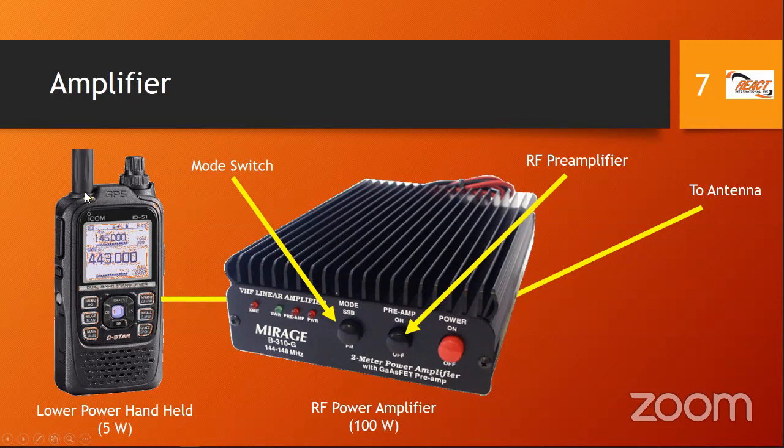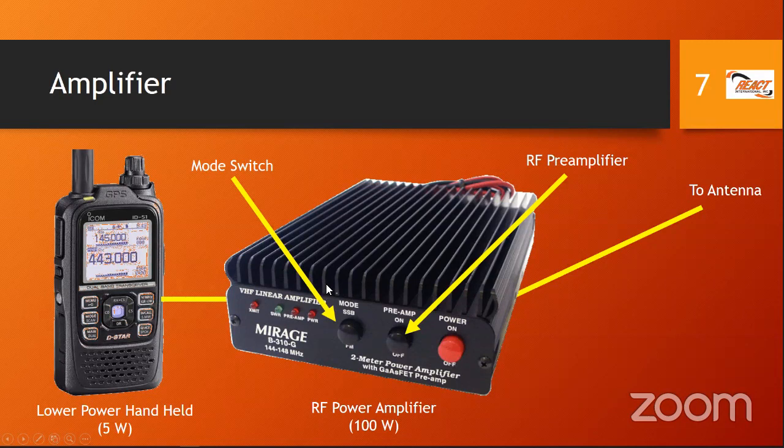But what if I wanted to do transmission at a further distance and I needed more power to get my signal even further? Do I have to change the radio? Well, I can use the same radio that would only give me 5 watts of output power and connect that radio to an amplifier.